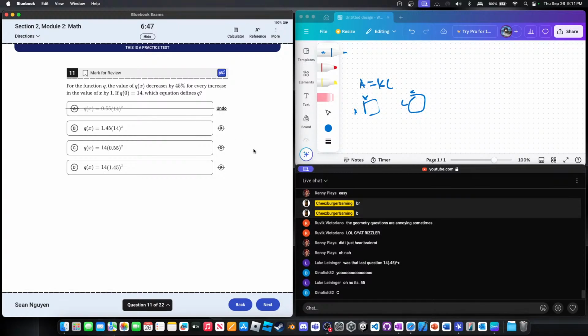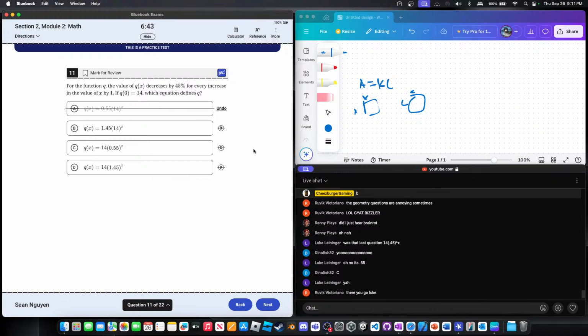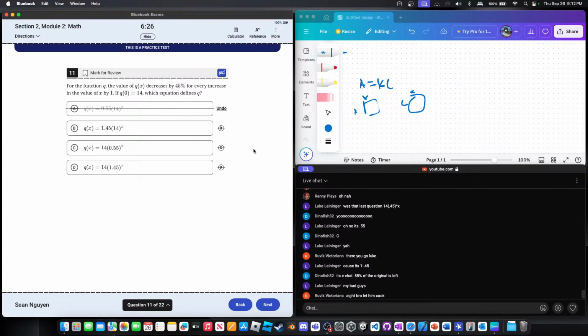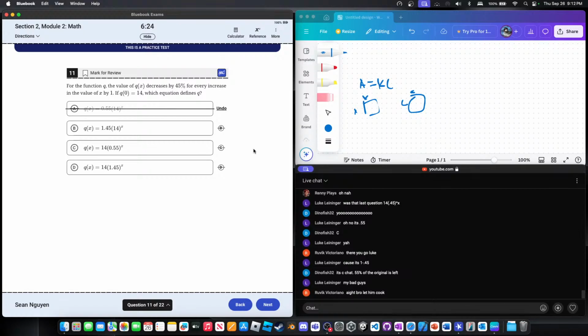It can't be that one. It's not that one. 0.55. Function G.